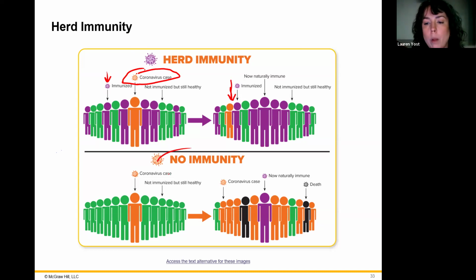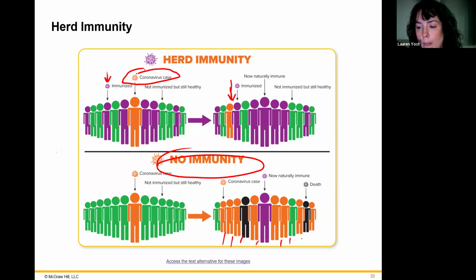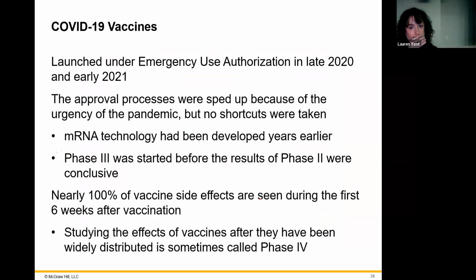Whereas if you look at no immunity, now we've got so many people getting the disease, the orange guys, and people even dying from it, that even if you do have people surviving and getting natural immunity, it's not protecting anybody. So that's the issue with herd immunity. Make sense? All right.